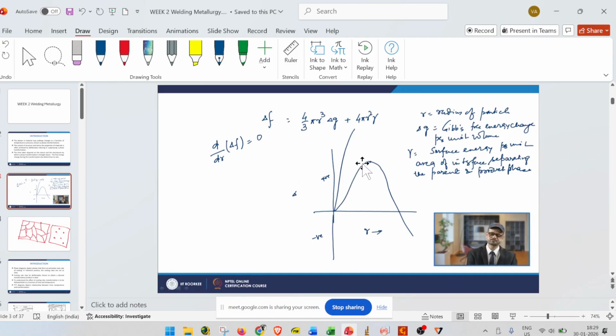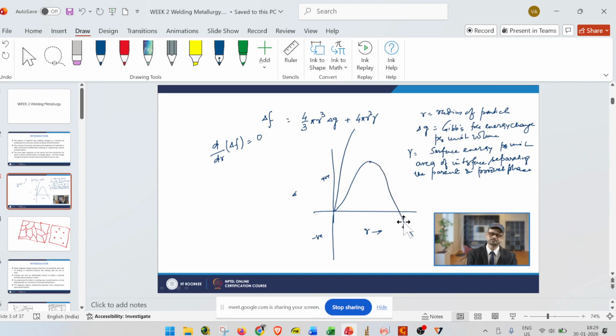Okay, but once we cross this critical radius, the slope is this way, so there is a high probability it will form as crystalline growth. Okay, so for nucleation formation, it is necessary for any nuclei to cross this critical radius.